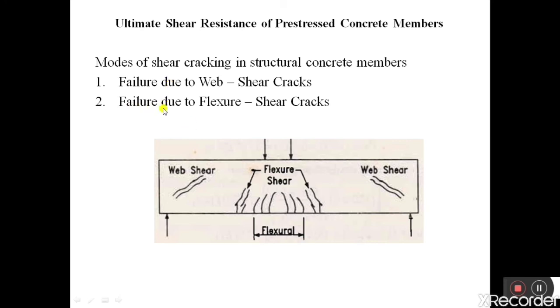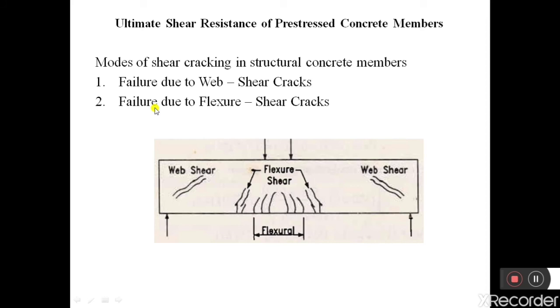The second failure is failure due to flexure shear cracks. When the combined shear and flexural tensile stresses produce a principal tensile stress that exceeds the tensile strength of the concrete, flexural shear cracks are developed, by flexural cracks in the inclined direction in members without shear reinforcement.